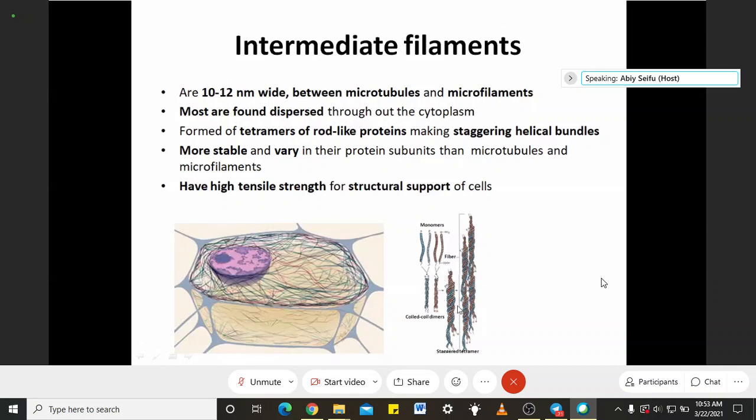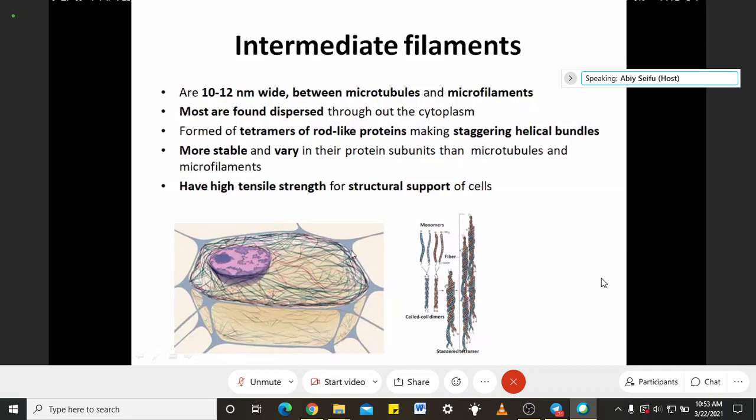The manner by which they are forming such bundle is by formation of bonds, and the type of bonding would give them very strength to withstand tensions and friction within the cell.